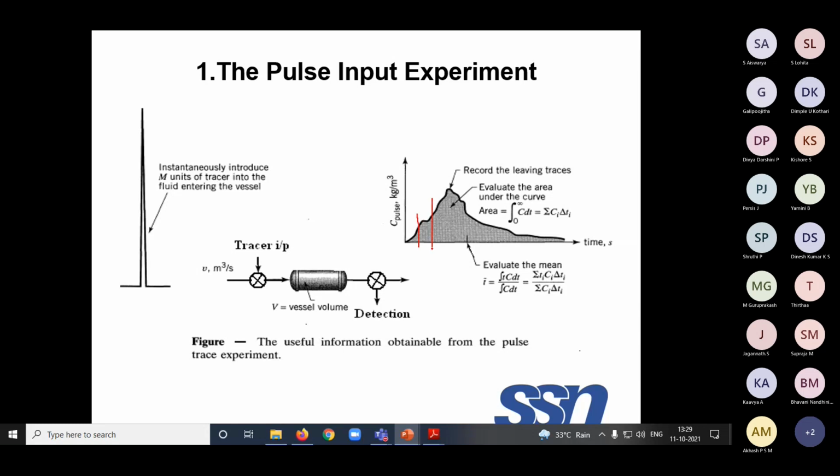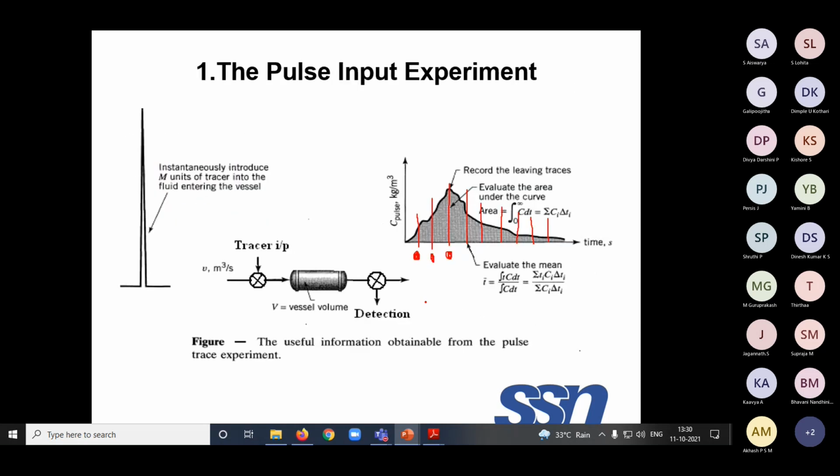There is some fluid which is coming at this time, some fluid coming at this time, some fluid like this. It comes differently, right? So if you see, this particular fluid is coming out first. This particular fluid is coming out later. This particular fluid is coming out a bit later, right?